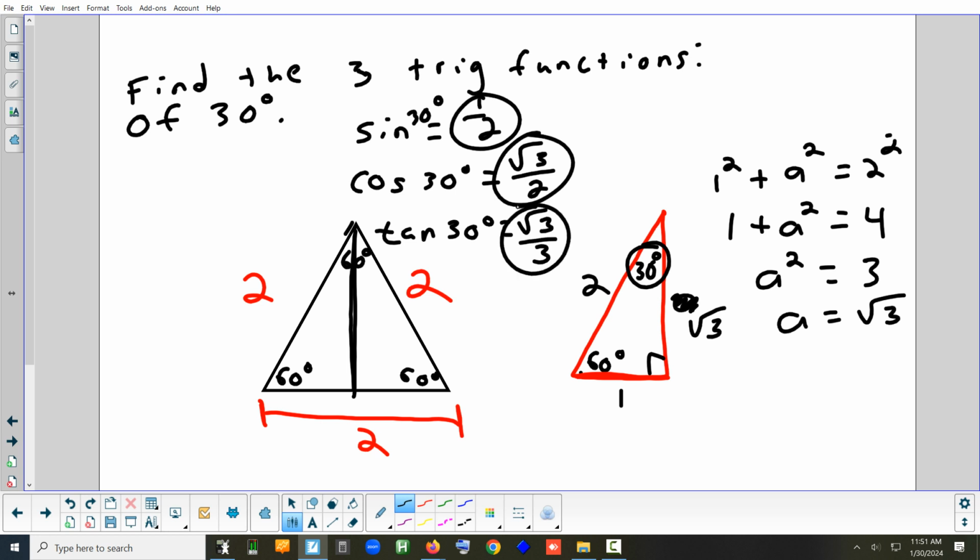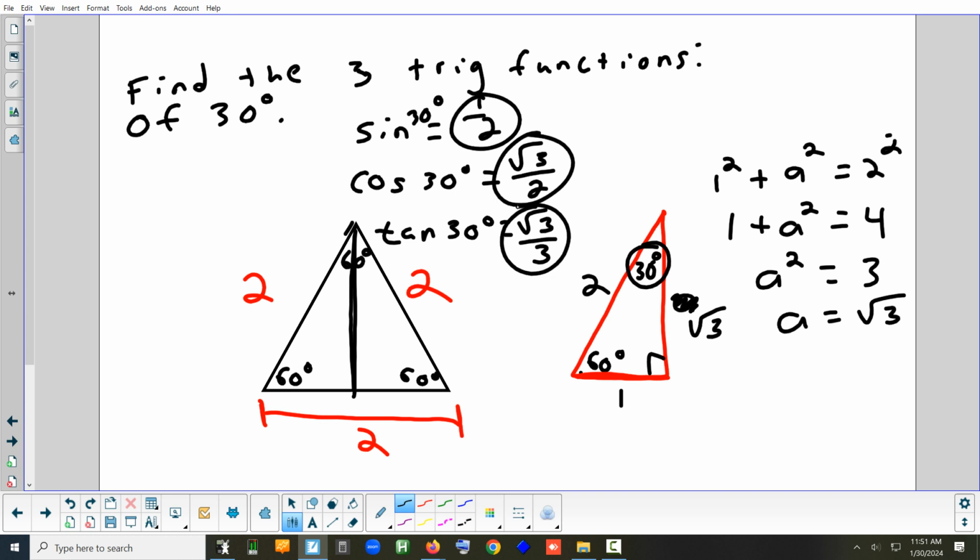So any question how we're fixing those roots? This comes up a lot in trig. Just quickly fixing the root so it's not in the bottom. All right, and that's how you do it. And when I said to you guys, do you want to do 30 or 60? It wouldn't have mattered which one you picked because the triangle I was going to make had the 30 and had the 60 in it.